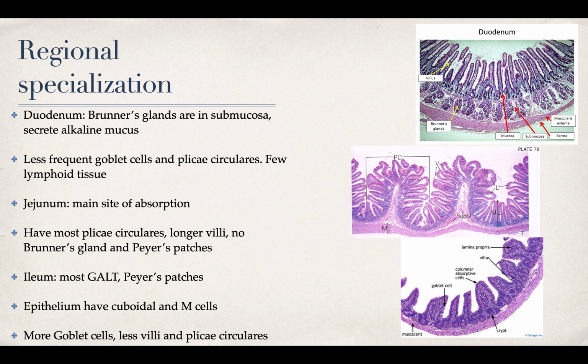They will also have the longer villi, and they don't have any Brunner's glands or the Peyer's patches. The ileum will have the most lymphoid tissue that shows up as the Peyer's patches, and the epithelium will have cuboidal and M cells, and they also have much less goblet cells and villi, and plica circularis wouldn't be there at all.